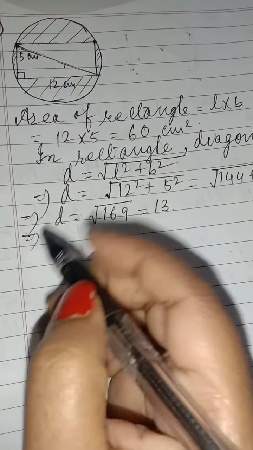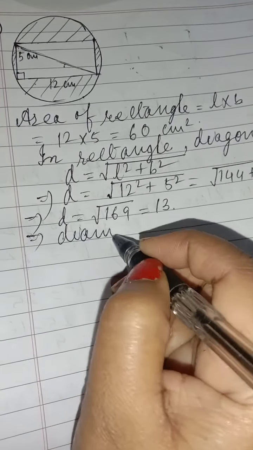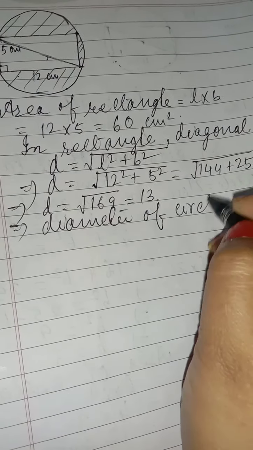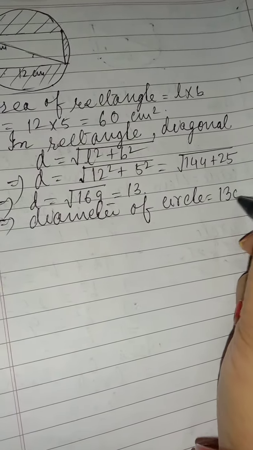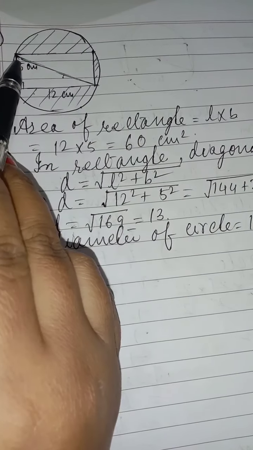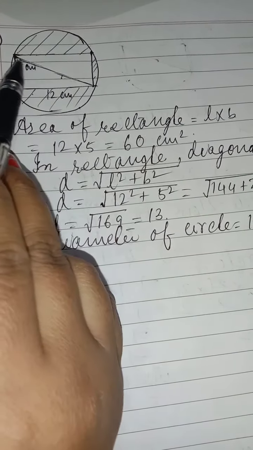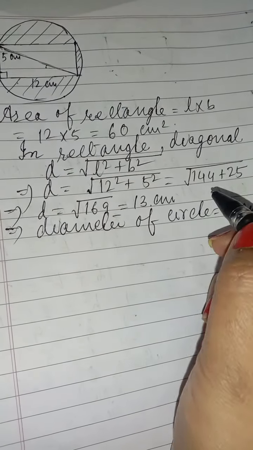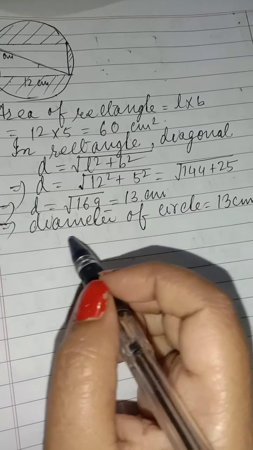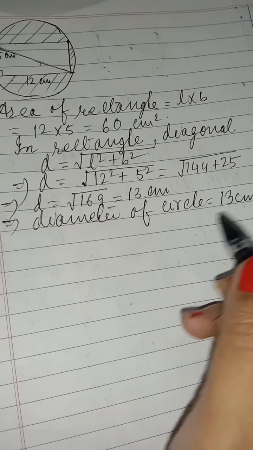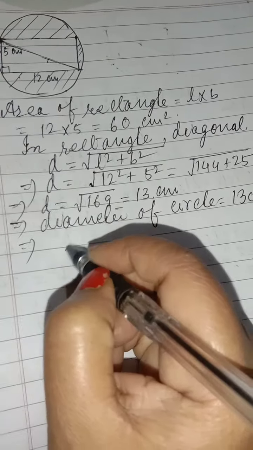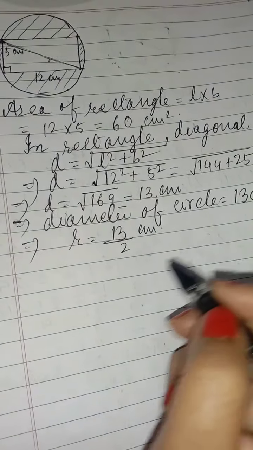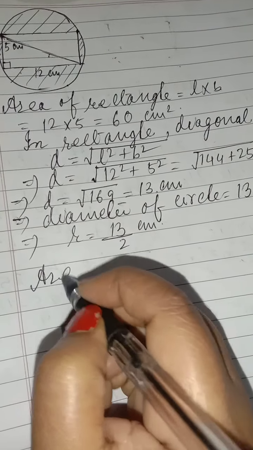So the diameter of the circle is also 13 centimeter, because whatever is the diagonal of the rectangle, the same will be the diameter of the circle. This implies its radius is 13 by 2 centimeter.